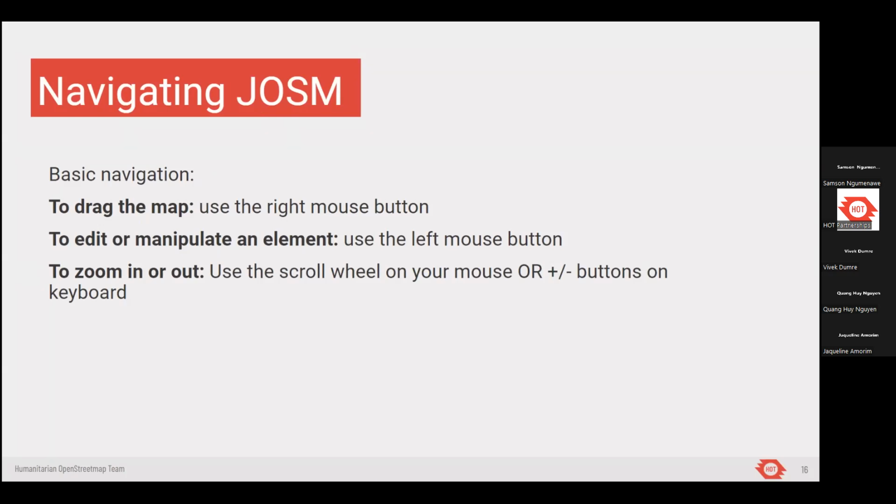And some of the basics of using the mouse to do mapping in JOSM is that to drag the map, you need to use the right click, and to highlight or select or add a feature or anything, you need to use the left click of the mouse. Then the scroll wheel most of the time does the scrolling and the zooming in and out of the map features.